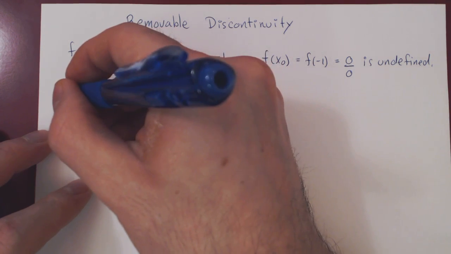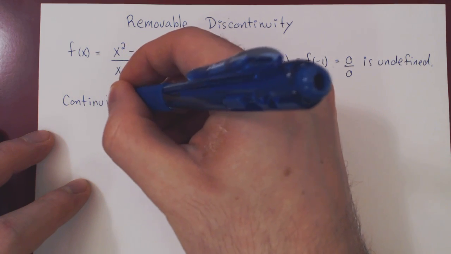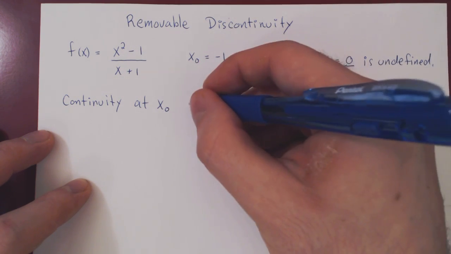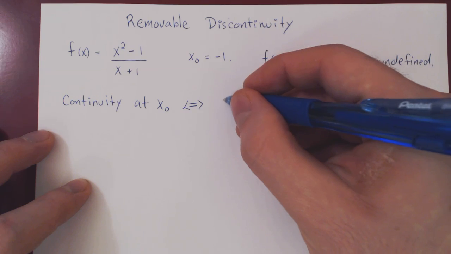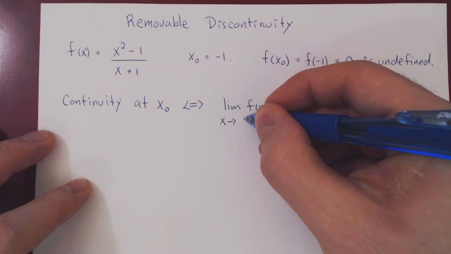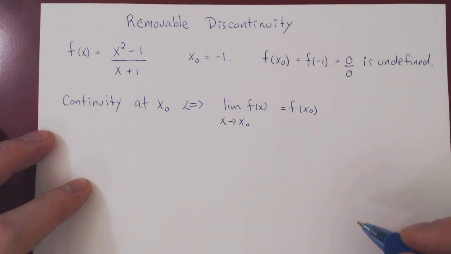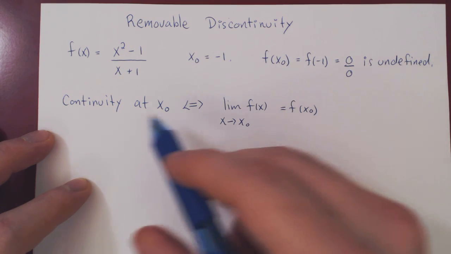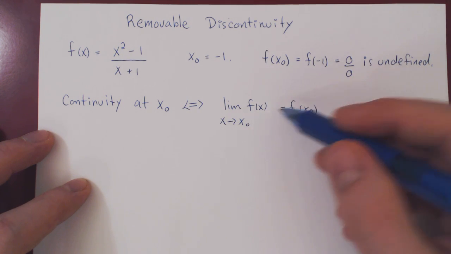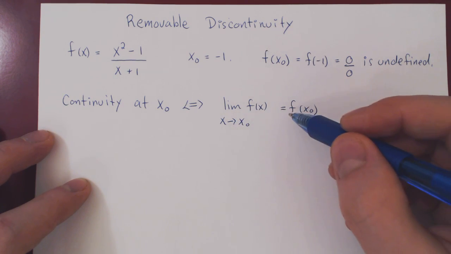If you remember, we only have continuity at a given value of x if and only if the limit of the function as x approaches the point of interest equals the value of the function at this very same point. So the implication again is, for f to be continuous at x0, f of x0 must exist, the limit of f as x approaches x0 must also exist, and they must be equal.